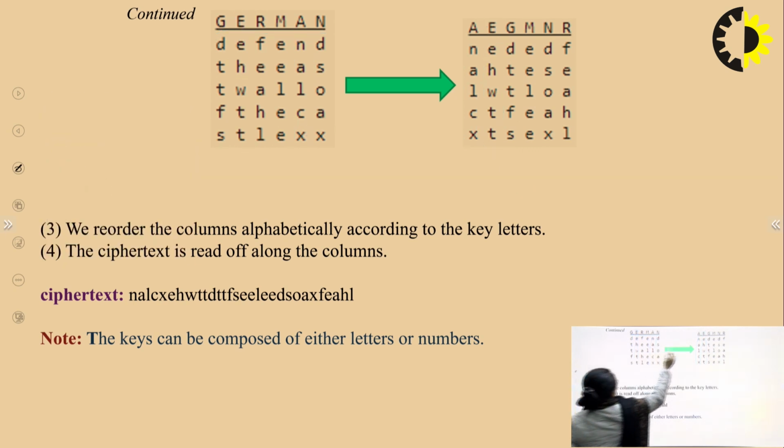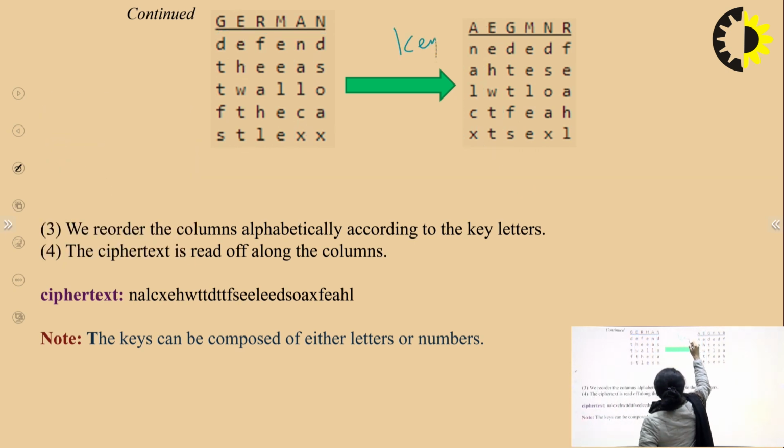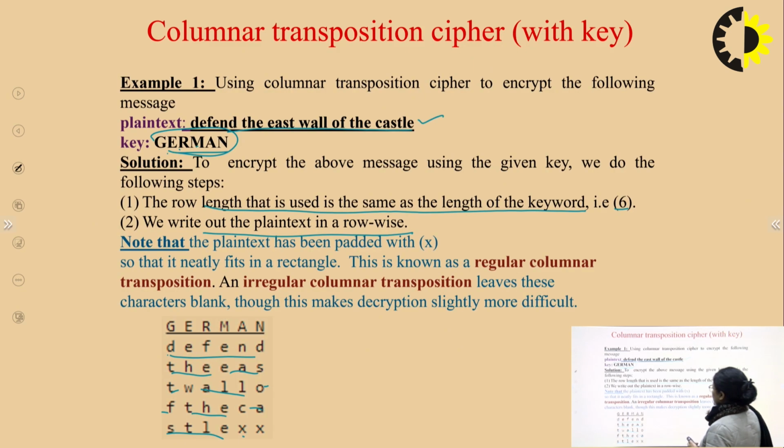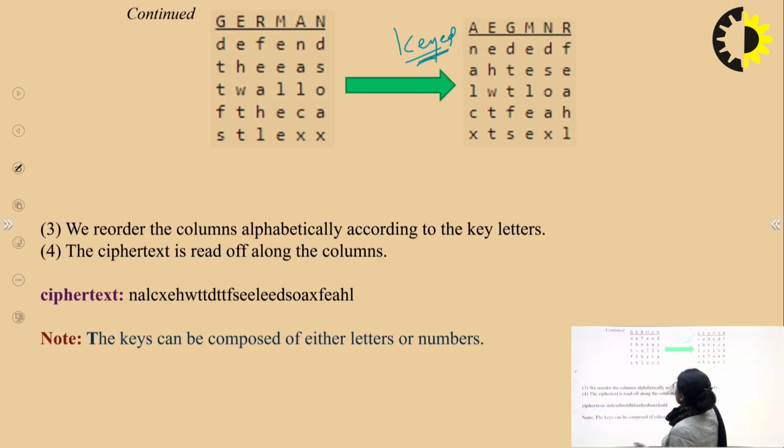So this is the place where we are going for the keyed approach. If you look at it, the first step is we are arranging it row wise. The second step is we are applying the key. How are we applying the key? Whatever the key is, we sort the columns on the basis of the key, and after we have reordered the columns, the ciphertext is then read out along the columns.